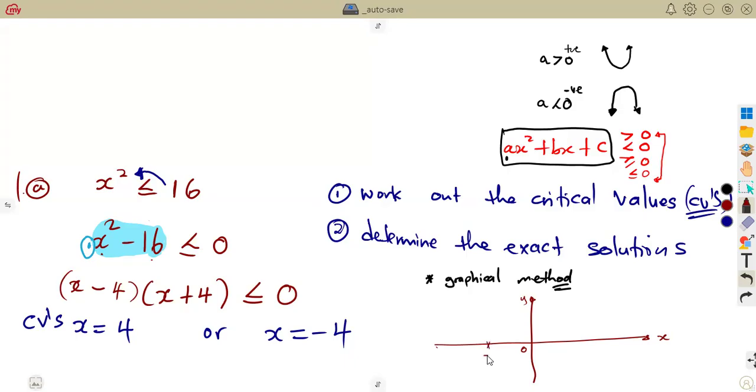Like I said, a is greater than 0, so you're going to have a smiley shape like this one. Do not worry about sketching the function exactly. We just need to understand the shape, how it is presented, and the values that we are having here on the ends. So this is where we are.